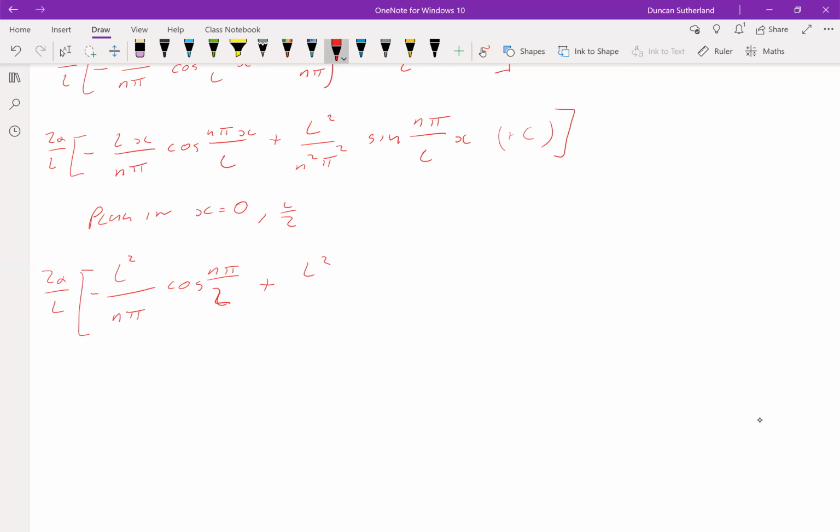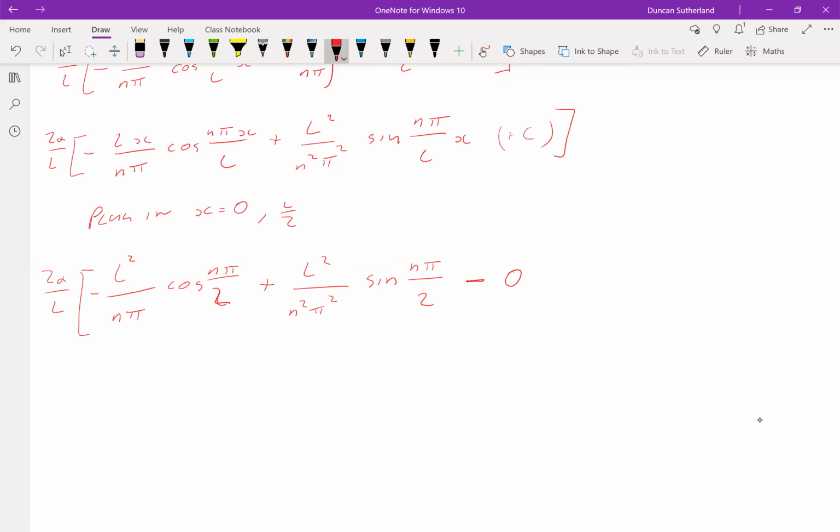Plus L squared on, plug in L on 2, I get sine n pi on 2, which is non-zero, minus I've got to plug in 0 to this, so obviously that's just going to be 0.